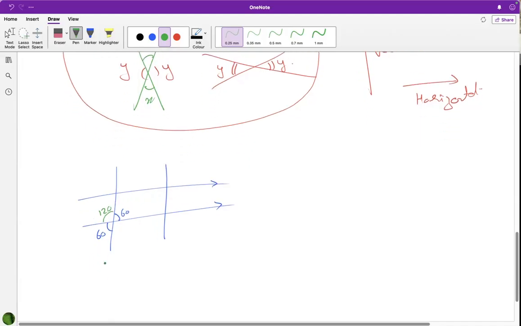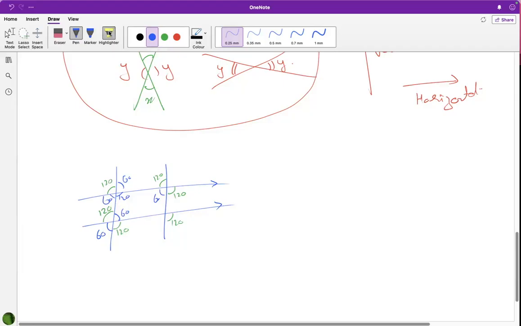Okay, so that's a straight line. Now I'm going to fill it up. This is 120. I know these are corresponding 120s, corresponding 120, vertically opposite 120, corresponding 120, and so on. This is again 120, 60s, 60s, 60s.